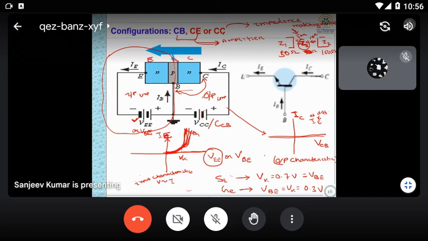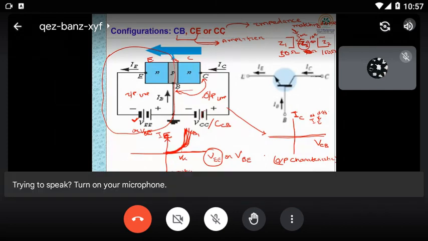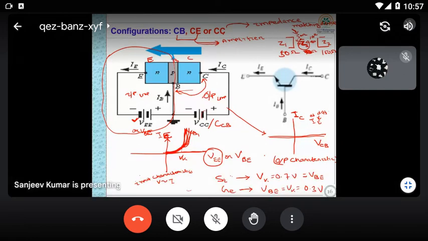Based upon how much voltage you are giving, your emitter will emit the electrons, and based upon the electrons, this current IE is controlled. So that's why the input characteristic can be plotted between the voltage and the current. If I change the voltage here, based upon that I get the current. So this is the input characteristic for common base configuration.